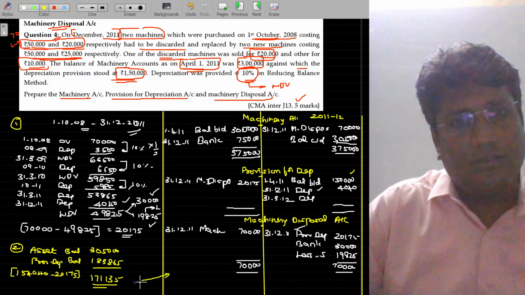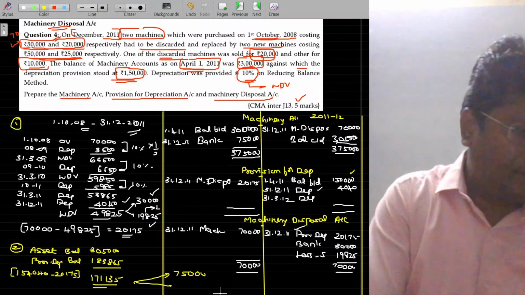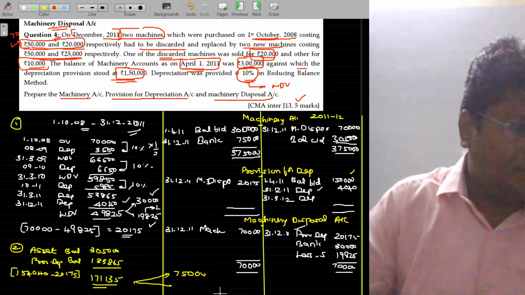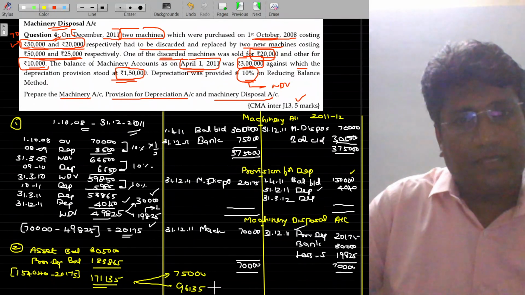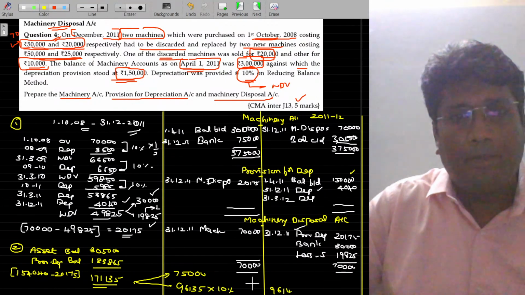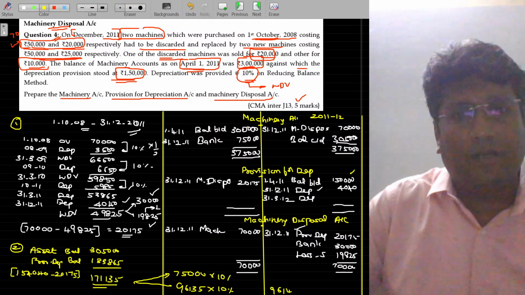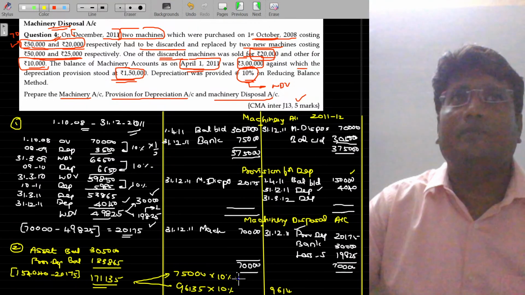In this, newly purchased asset being 75,000, balance being existing asset 96,135. Existing asset will be depreciated at the usual rate of 10%, 9,614. New asset will be depreciated at the rate of 10% since the date of purchase. It's purchased at December end.